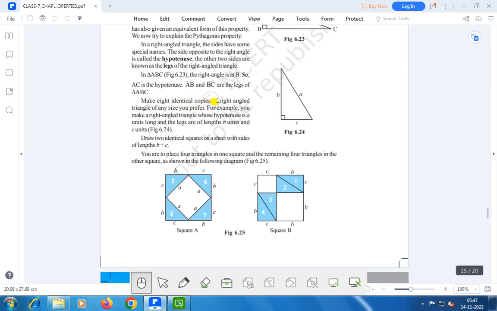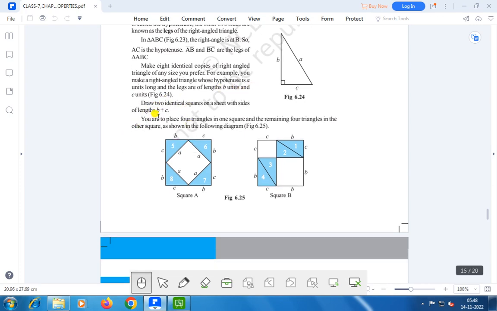Make 8 identical copies of a right angle triangle of any size you prefer. For example, you make a right angle triangle whose hypotenuse is A units long and lengths of legs are B units and C units. Draw two identical squares on a sheet with side length B plus C. Here we have drawn two squares.